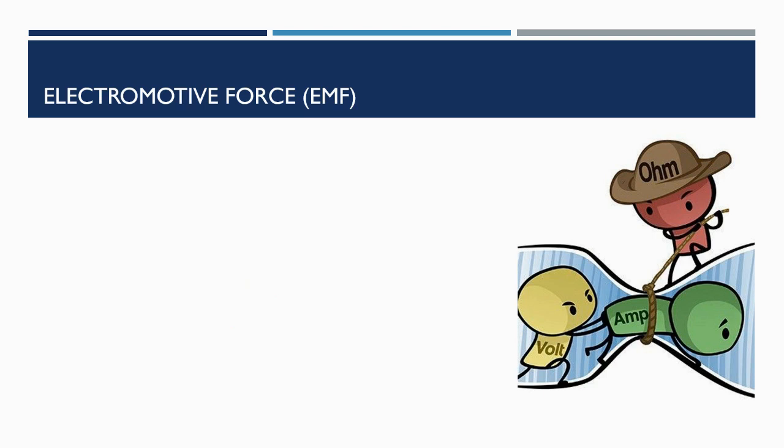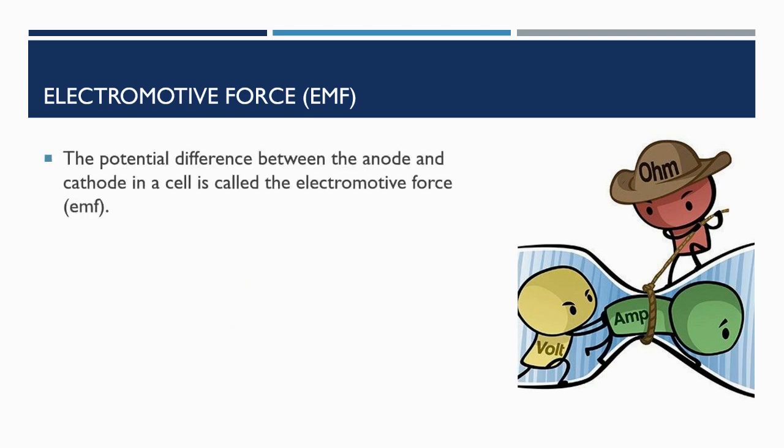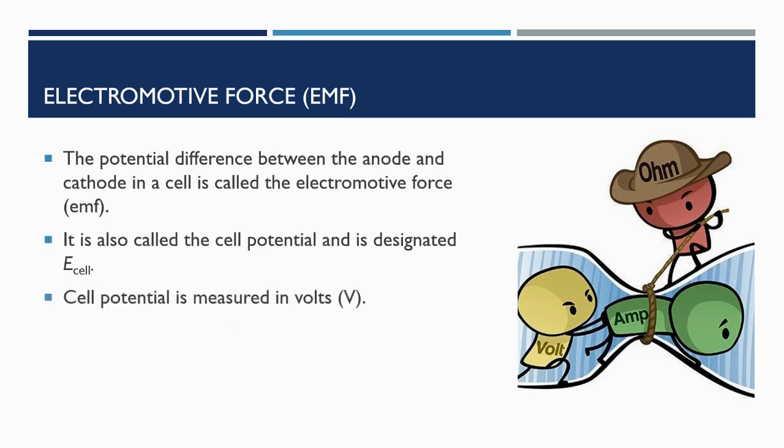What causes this is what's called electromotive force or voltage. Voltage is the force behind the electrons in a reaction. And we call this potential difference the electromotive force. It's the potential energy difference between two half reactions. We designate the electromotive force in a cell as E cell. And cell potential is measured in volts. And again, you can think of volts as the push of charge.